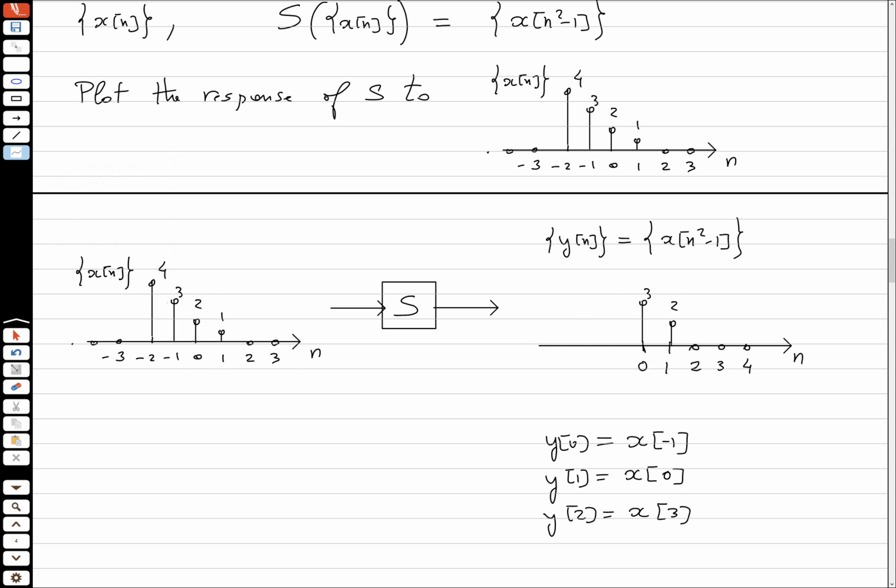Right? It grows. What about minus 1? It's x of 0.